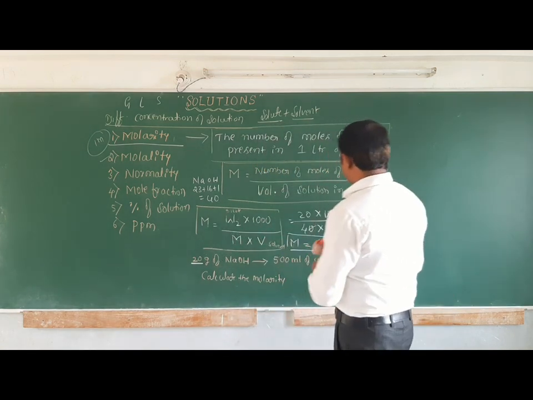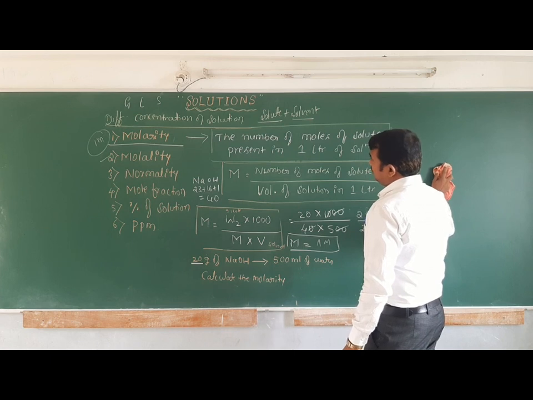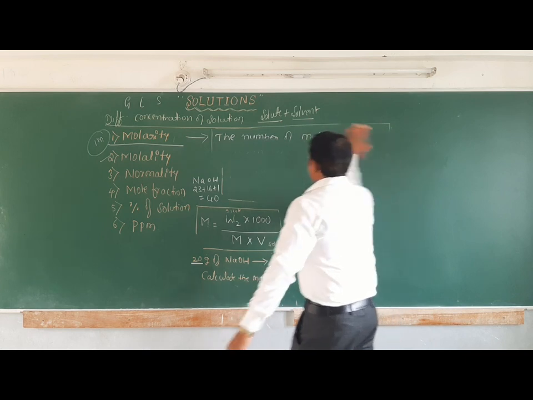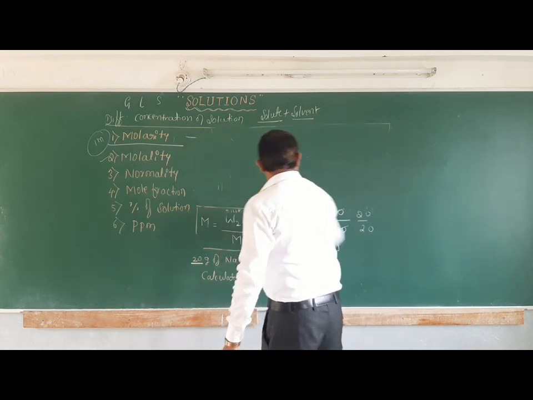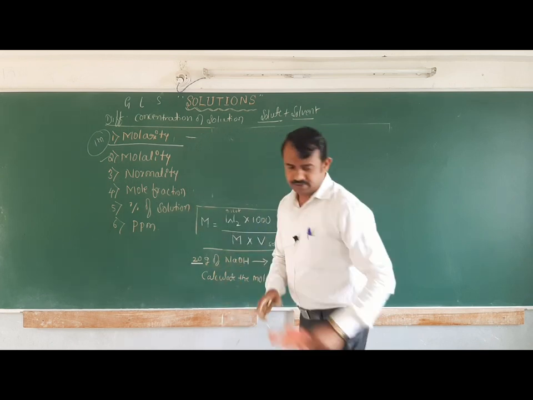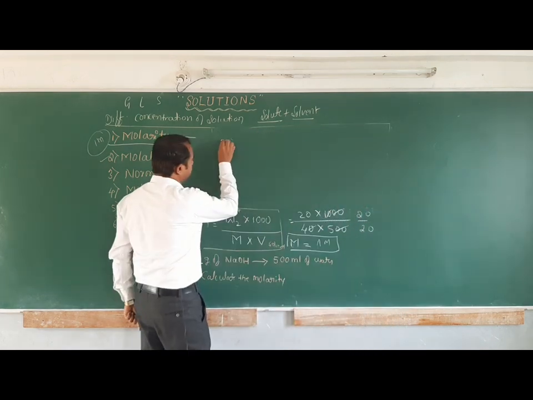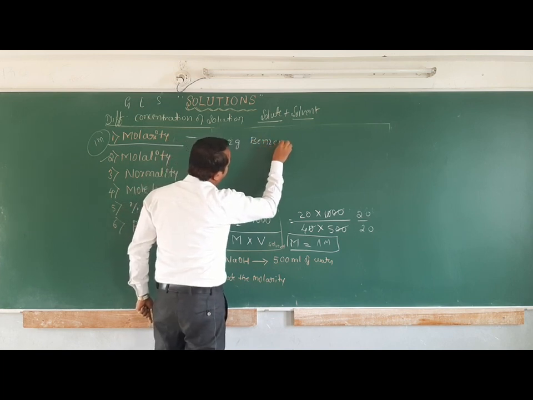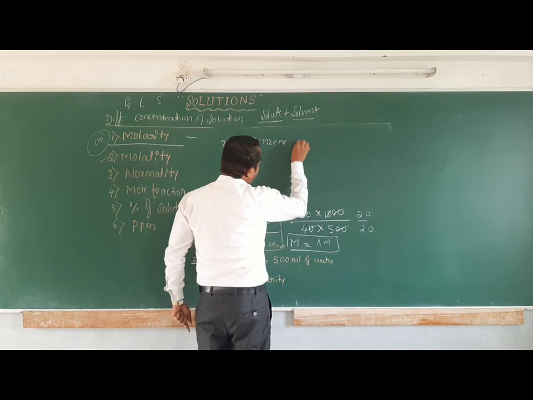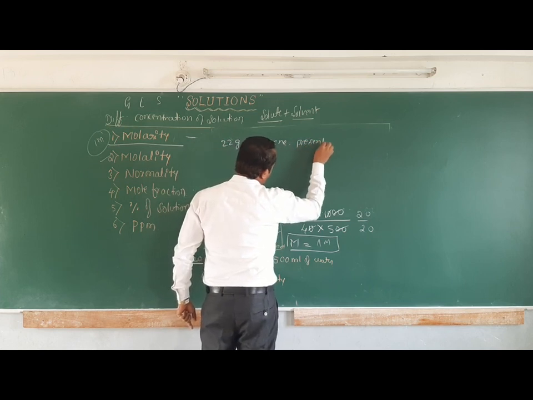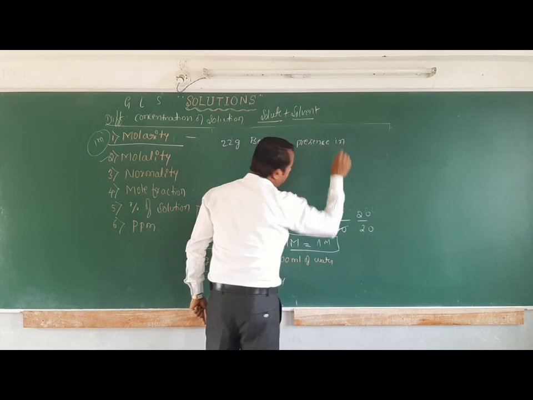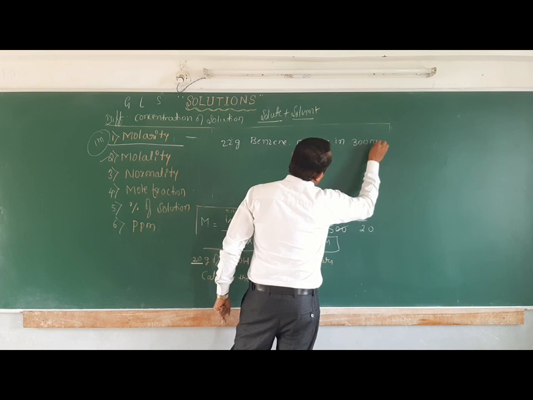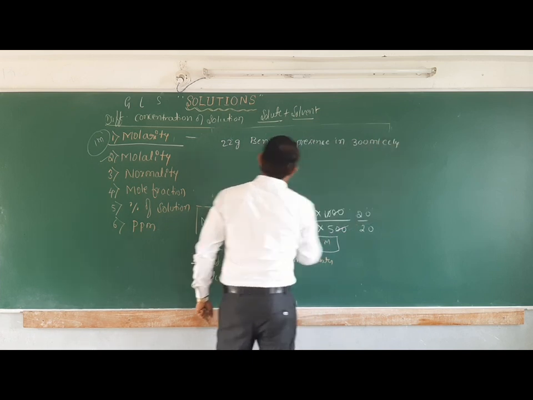I will give another compound, another formula. 22 gram of benzene is dissolved in 300 ml of carbon tetrachloride.